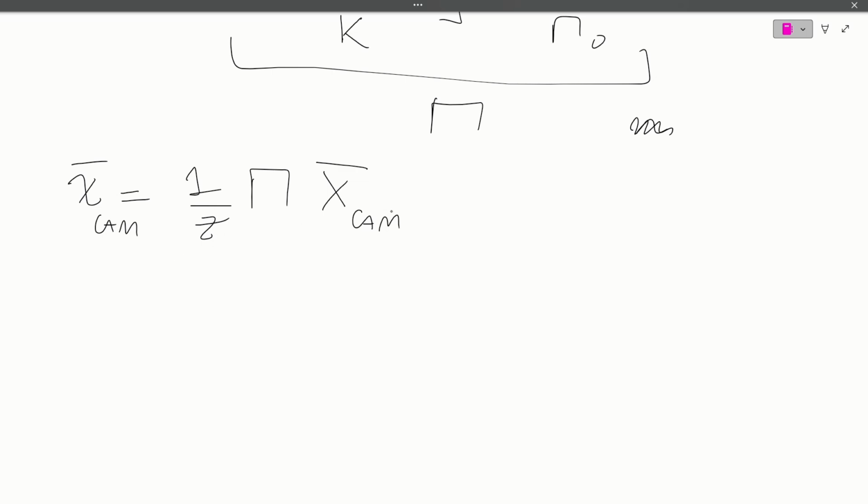Now we want to deal with the real X of the point at the beginning. I didn't start from that because it's easier this way. That is X world, okay? X world.